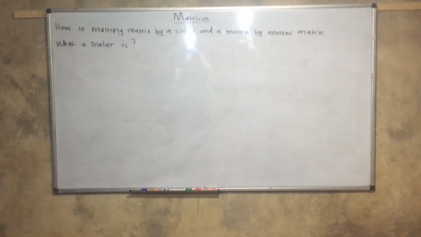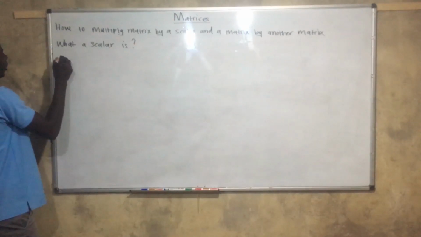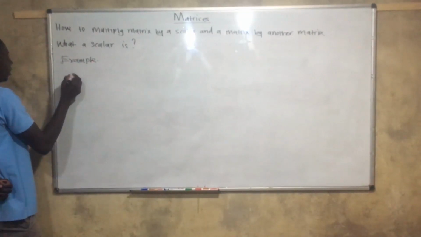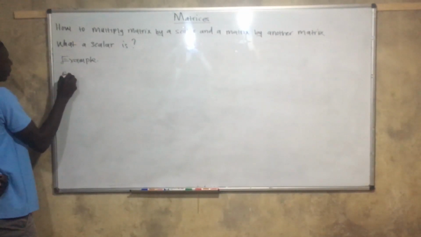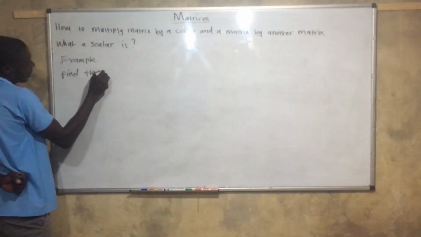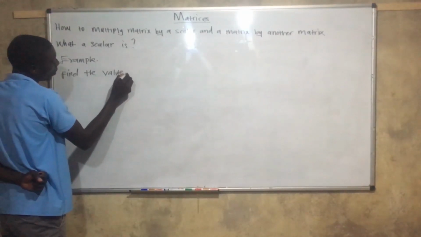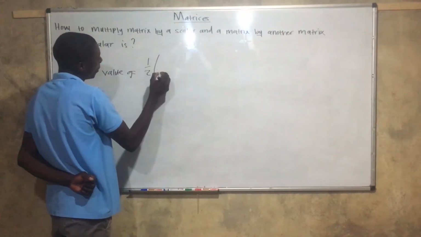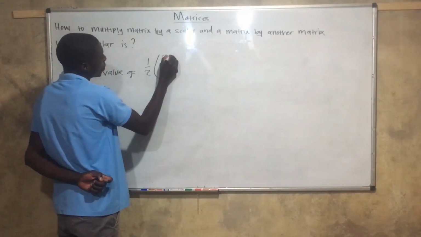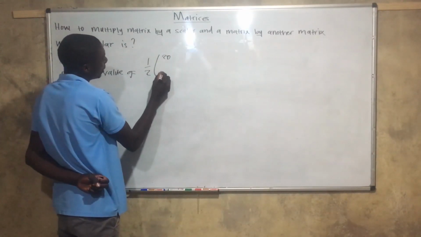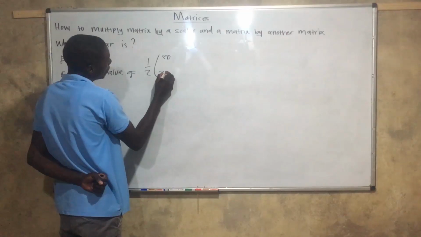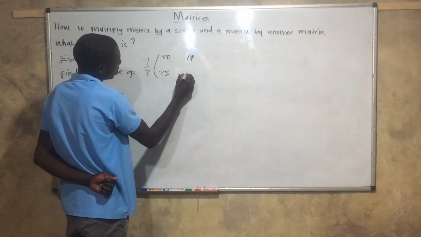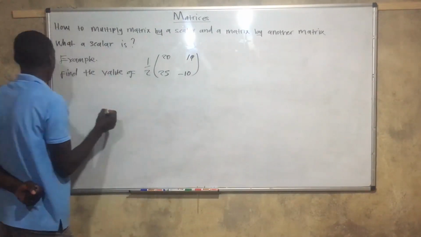So, for example, find the value of 1/2 multiplied by the matrix 20, 14, 25, -10.